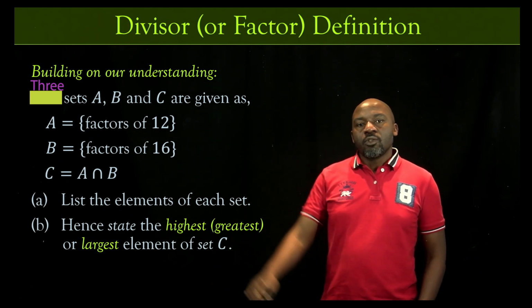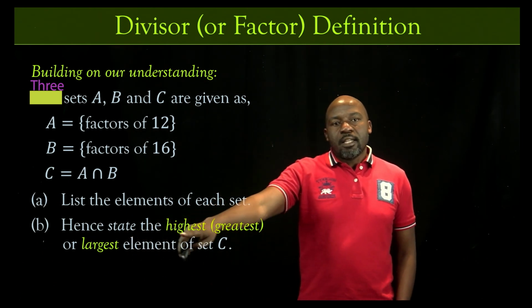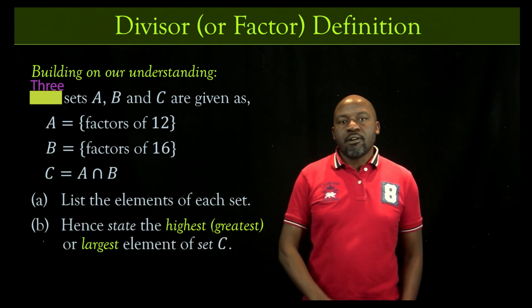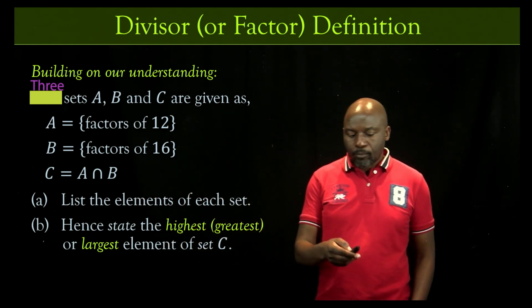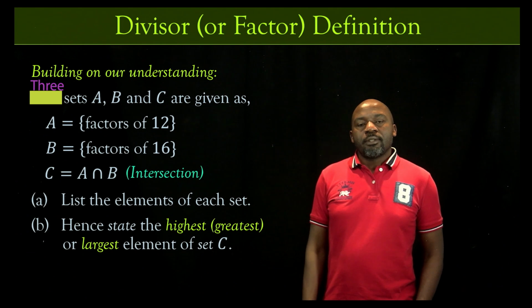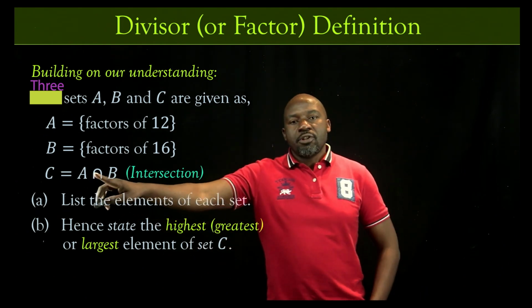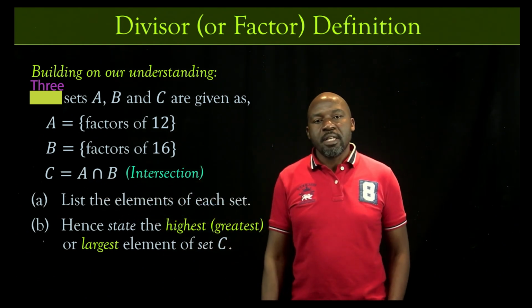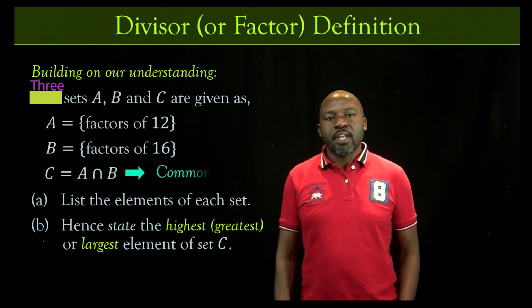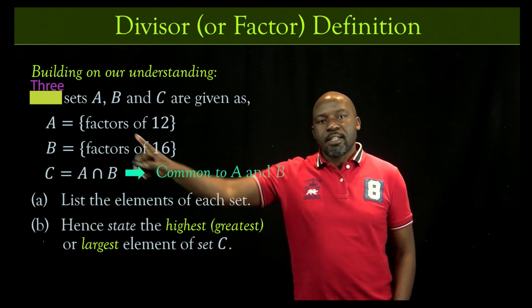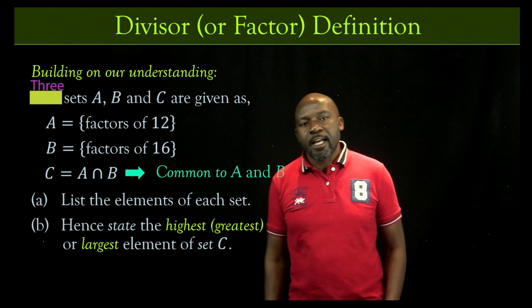So we will state the highest of the elements of the set C. This symbol means intersection, just as a reminder, which also means that we are looking for the elements that are common to set A and set B.